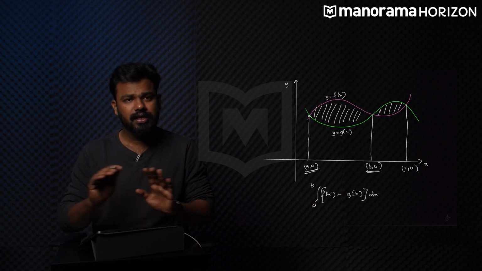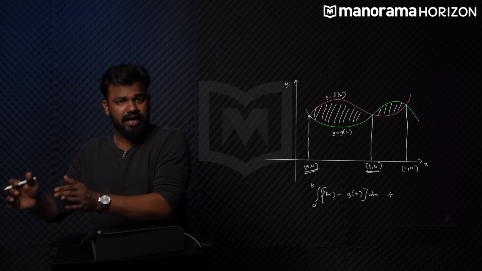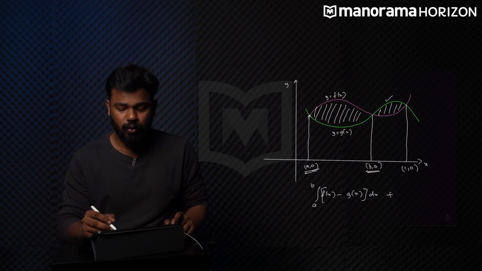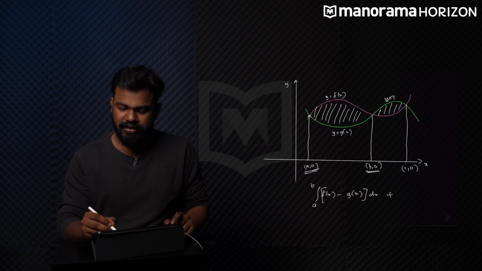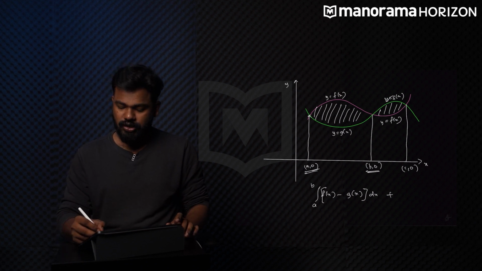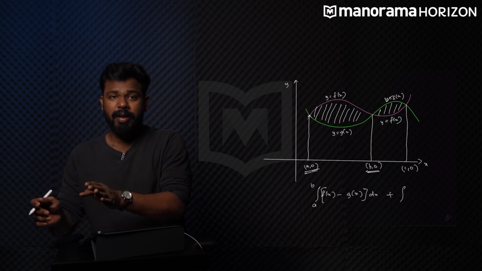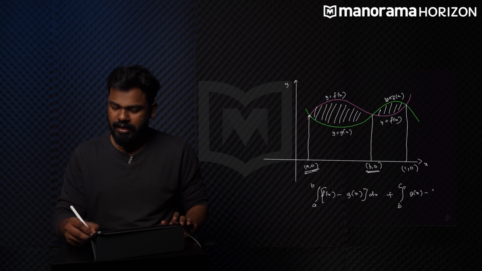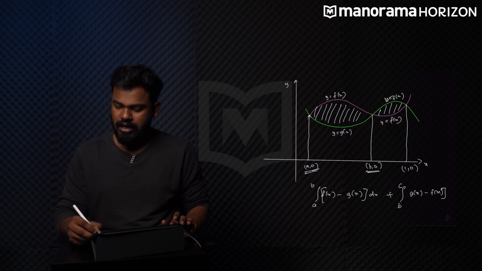Done? Yes. Plus, there is another area which is a smaller area, but in that case, the upper curve is the green one, that is g of x, and the lower curve is the pink one, which is f of x. So here it is not from a to b, here it is from b to c, g of x minus f of x dx.